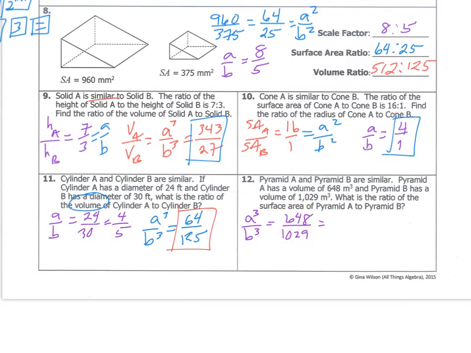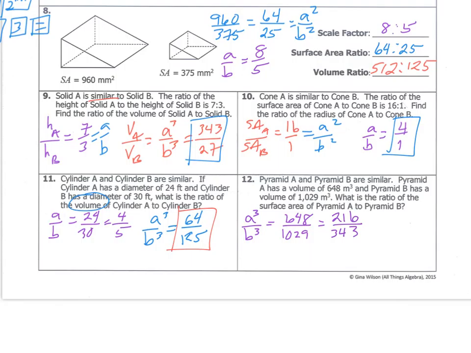What goes into 1029? What's 1 plus 0 plus 2 plus 9? 12. 12 is divisible by 3, but not 9, so both of these are divisible by 3, so let's start there. 648 divided by 3 is 216. And then 1029 divided by 3 is 343.